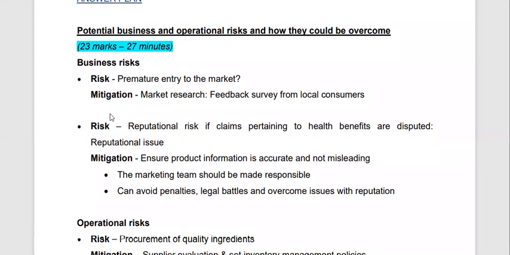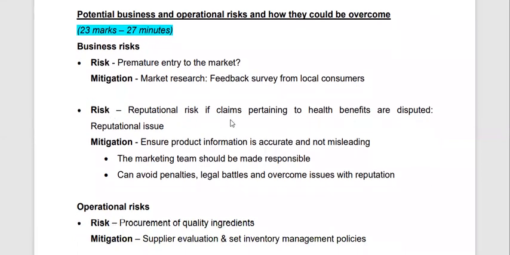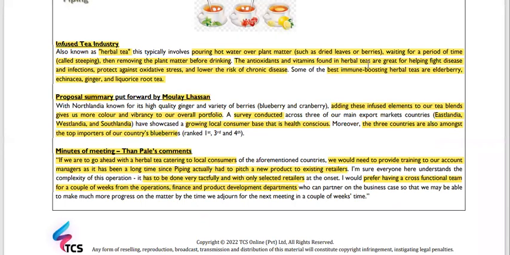The second business risk is reputational risk if claims pertaining to health benefits are disputed, which exposes us to reputational issues. Yes, so certain claims are made pertaining to antioxidants helping consumers to fight diseases, protecting consumers against stress, as well as lowering the risk of chronic disease.